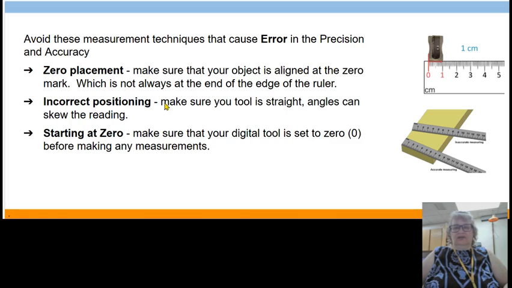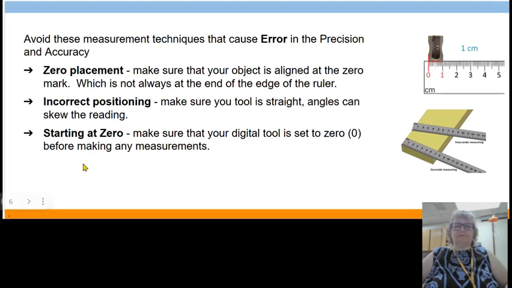Incorrect positioning: you want to make sure that your tool is straight. Angles can skew the reading, right? We already kind of learned about measurement at angles. With that angle, you could end up with a longer measurement than what you should have. So make sure that you are as straight as possible.